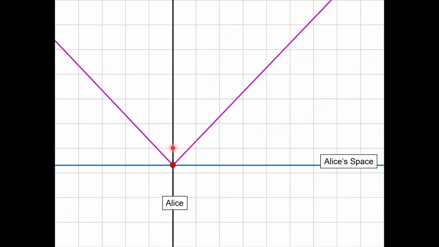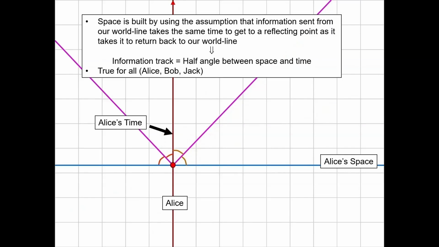And again, if we look to Alice, this is also true for Alice. The information track splits the angle between Alice's time and Alice's space in half. And over here also. So this is true for all. For Alice, for Bob, for Jack, for any straight world line.